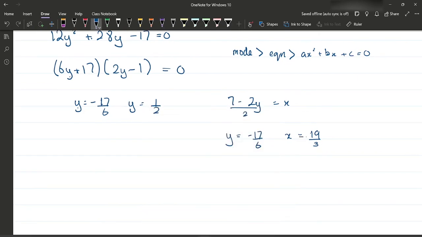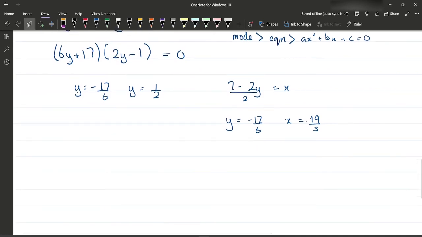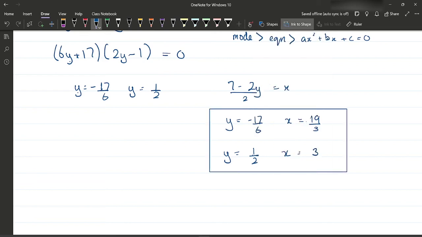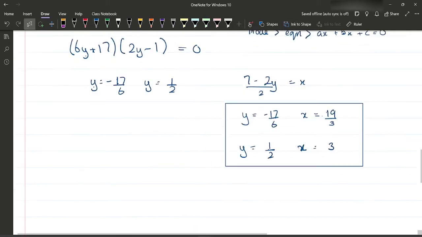Let me just recheck that. Okay, yes, and then when y is equal to 1 over 2, x is equal to 3. Okay, there it is. So this is the answer to the system of equations.